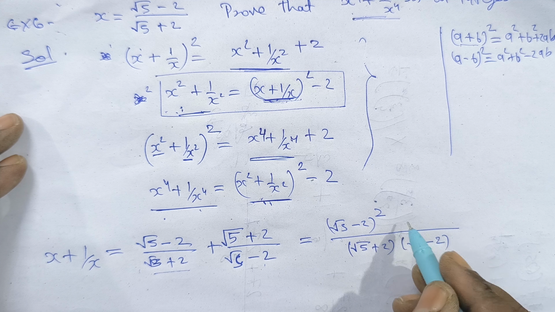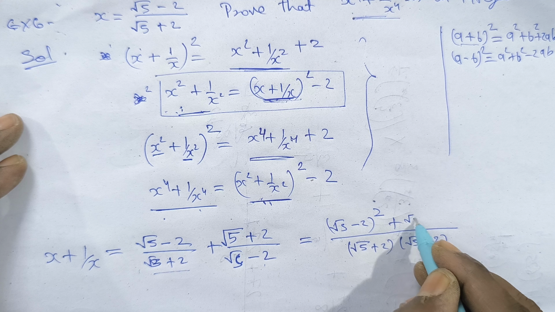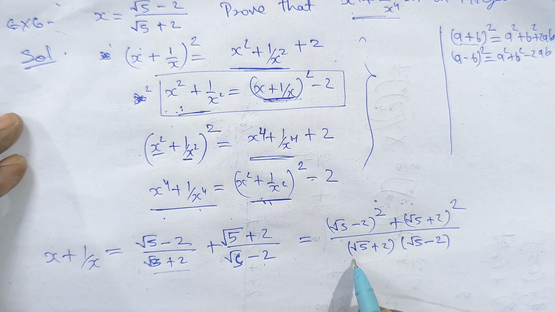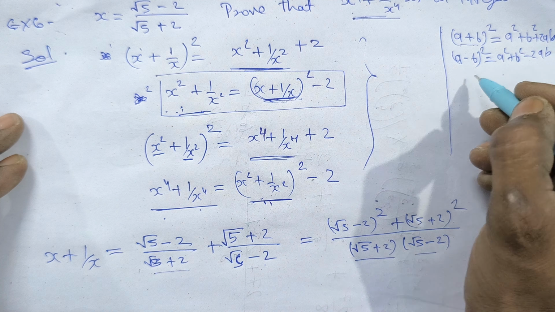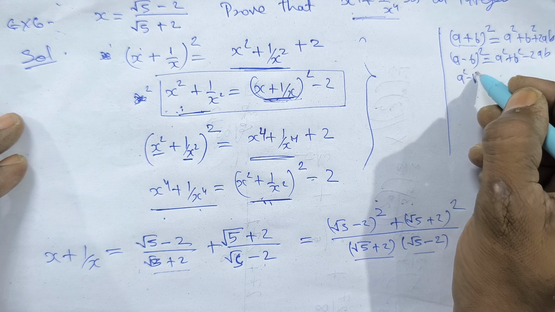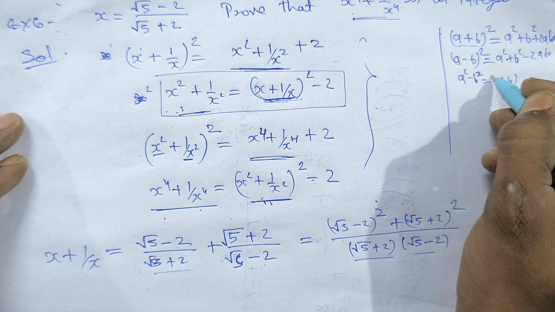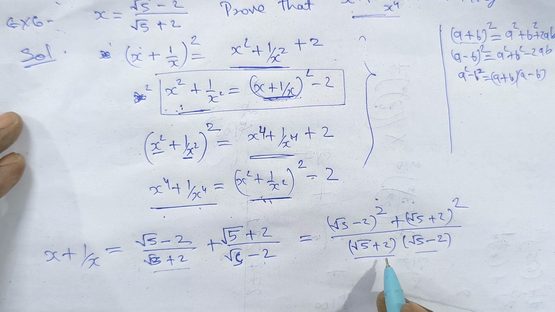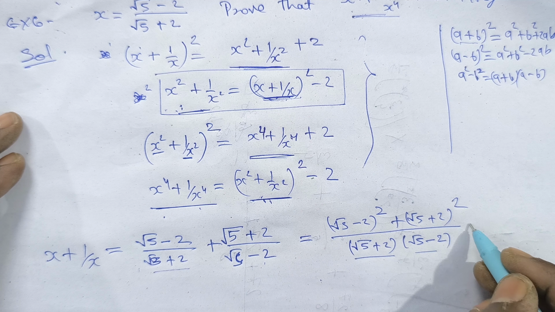If you're not getting any point, you just ping me. Understood this one? This will become a plus b, a minus b, right? A square minus b square equal to a plus b, a minus b. Now we need to solve this one, right?